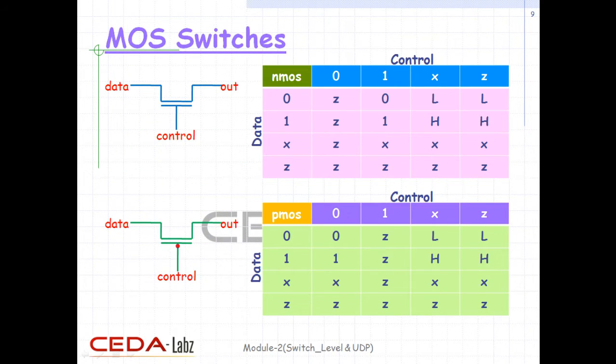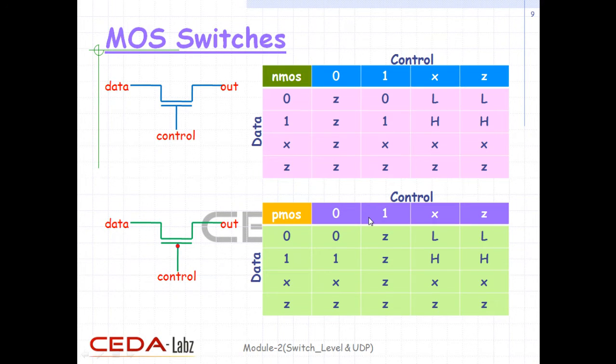The symbols for NMOS and PMOS switches are shown here, and these are the truth tables respectively. The value of the out signal is determined from the values of the data and control signals. Some combinations of data and control signals cause the gates to output either a 1, or 0, or a Z value without a preference for either value.